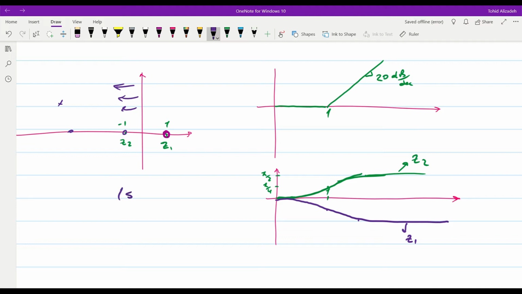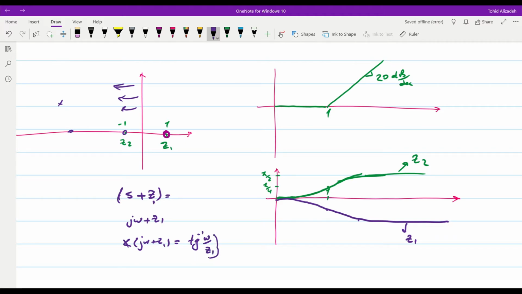So for the zero, we'll have it in the form of s plus Z, Z1 or Z2, let's say. In order to obtain the angle, we replace s with j omega, so we'll have j omega plus Z1, and then the phase of j omega plus Z1 will be obtained as the inverse tangent of omega over Z1.